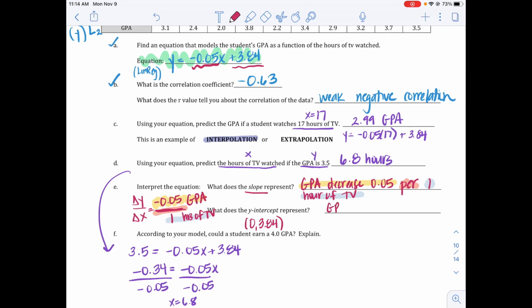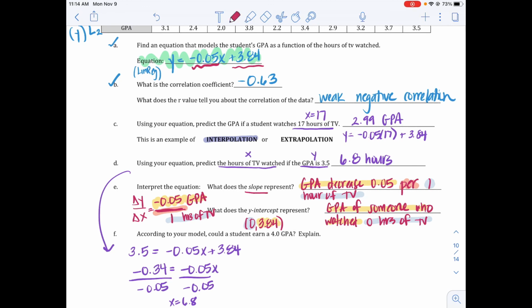So we're going to say the GPA of someone who watched 0 hours of TV. Okay, again, x is 0 hours of TV, and y is 3.84, which is the GPA. So you could also say, if you watch 0 hours of TV, you would predict a GPA of 3.84.